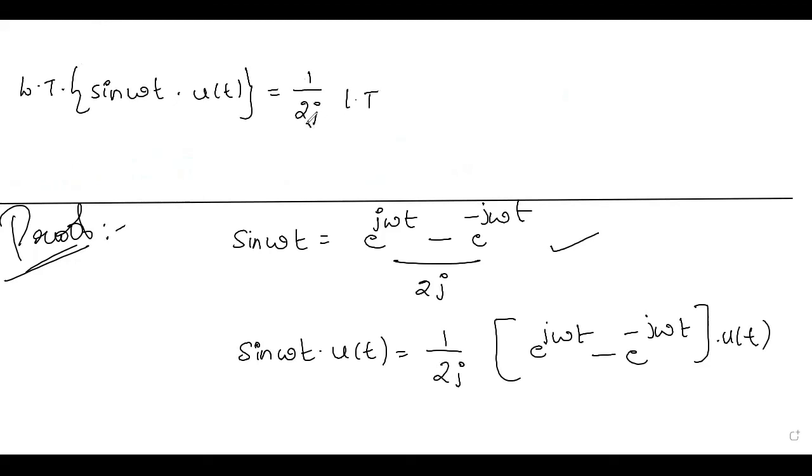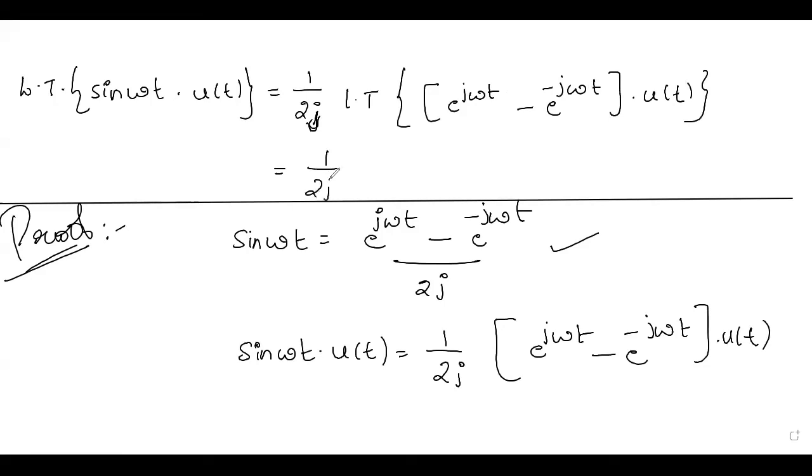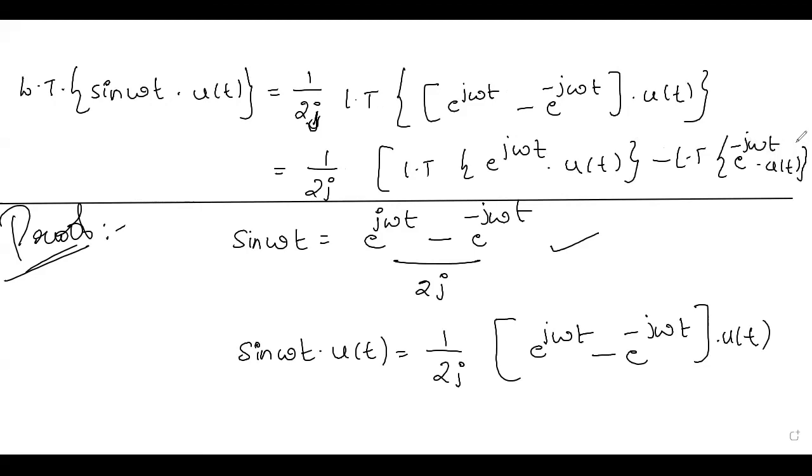It's nothing but Laplace transform of this function e power j omega t minus e power minus j omega t into u of t. Let us split this: 1 by 2j into Laplace transform of the first term, using the linearity property, minus Laplace transform of the second term, into u of t.